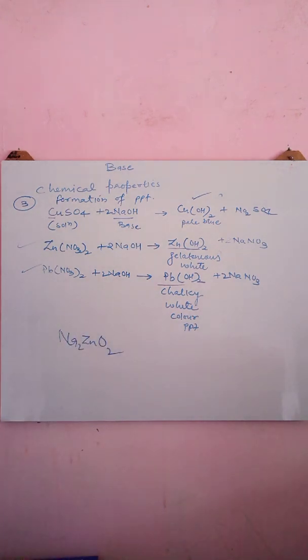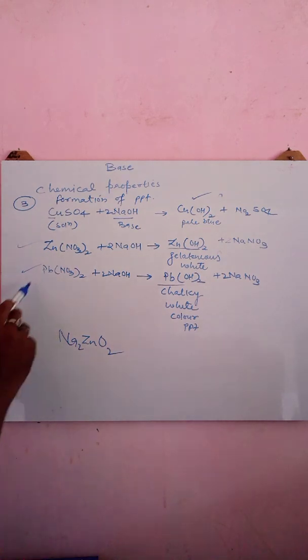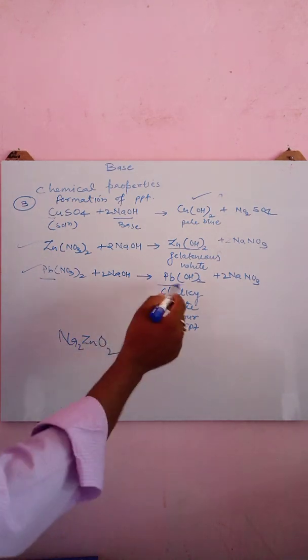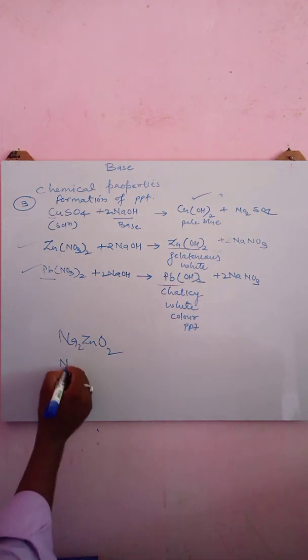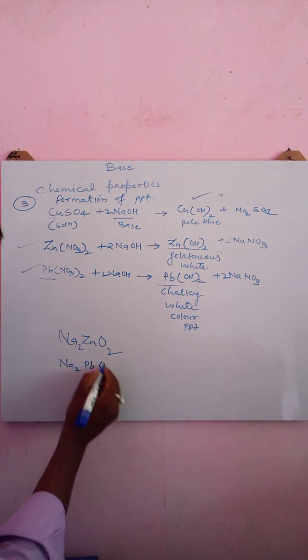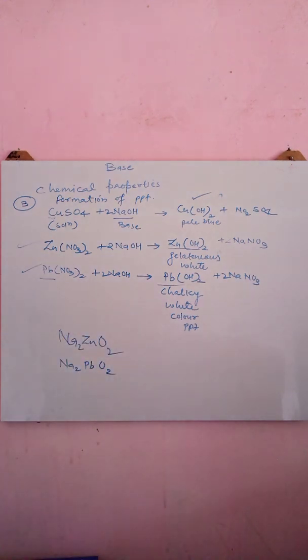This salt is soluble, right? Further, when you treat lead hydroxide with excess sodium hydroxide, it will form sodium plumbite, Na2PbO2. They are both soluble salts. Aluminium can also undergo a similar reaction. Further reaction can take place with aluminium hydroxide when excess reagent is taken. Clear?